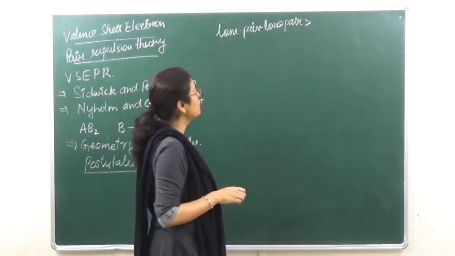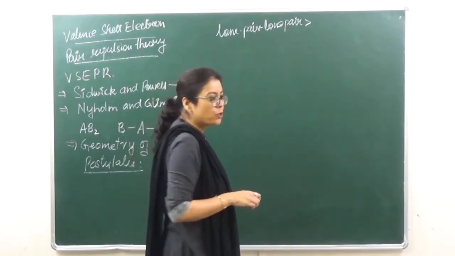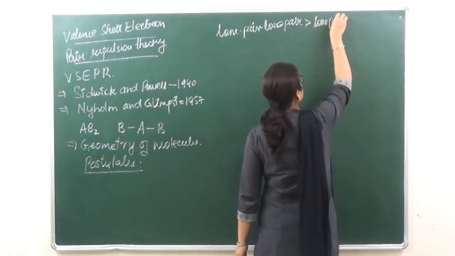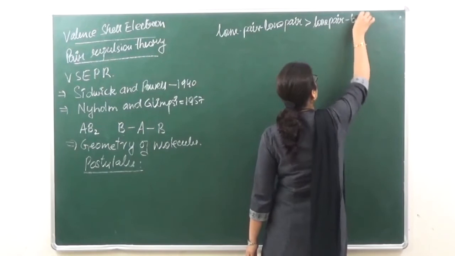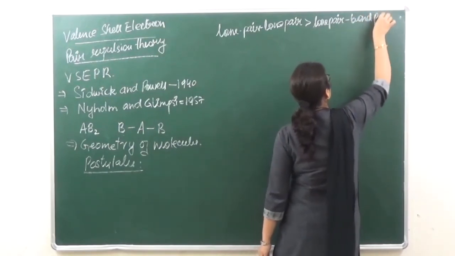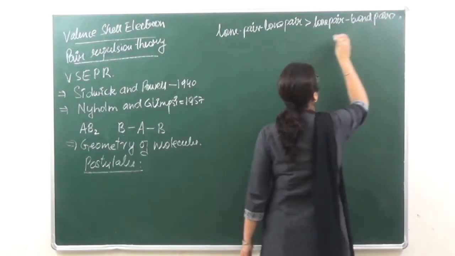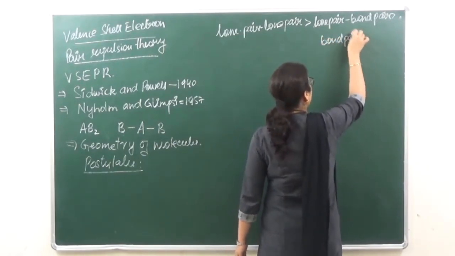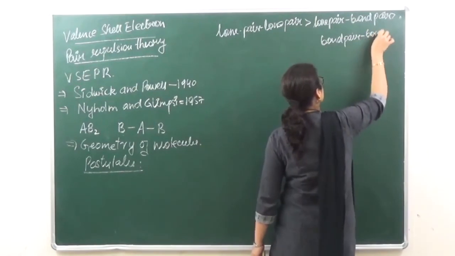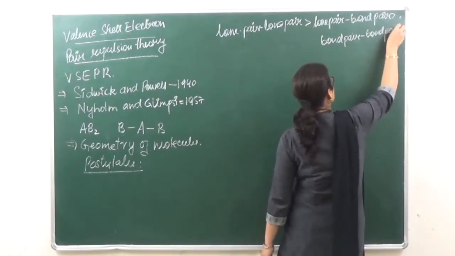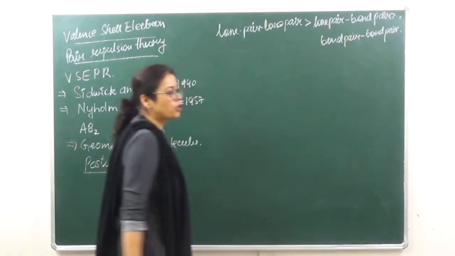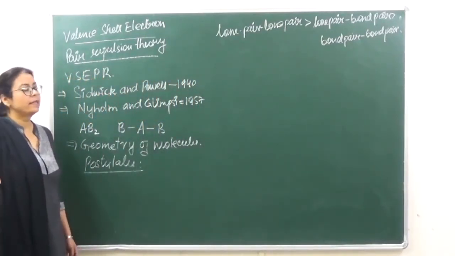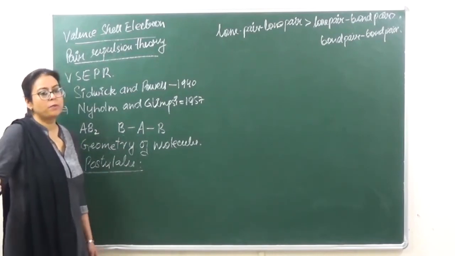Then after that lone pair and bond pair, and then after that bond pair and bond pair. So this is the order of repulsion. Maximum repulsion is going to be between lone pair and lone pair, then lone pair and bond pair, and then bond pair and bond pair.